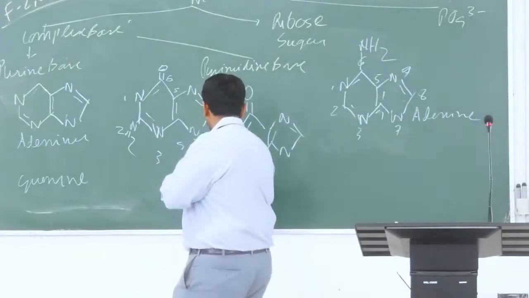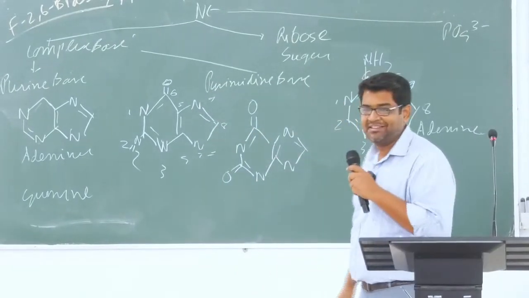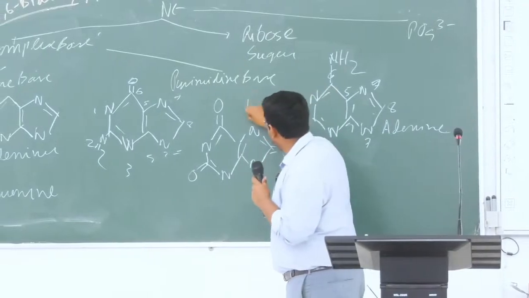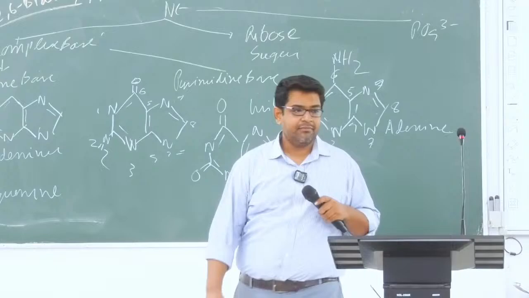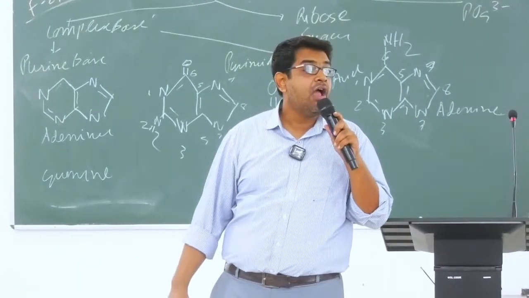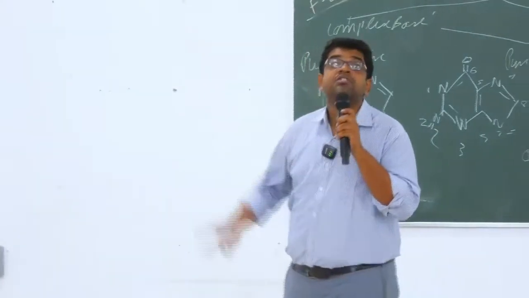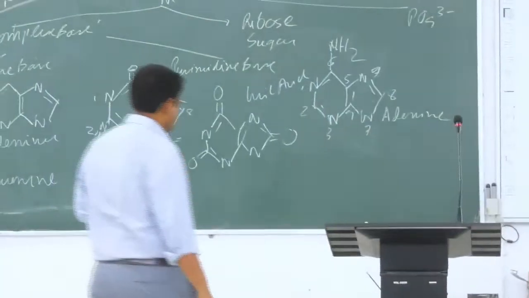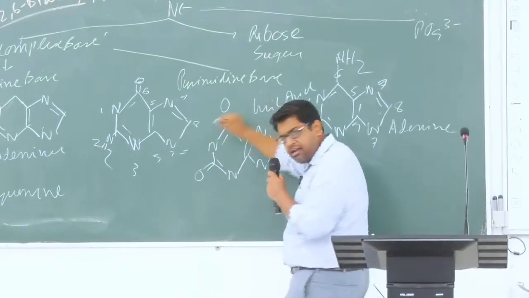Put another oxo at the next position, hypoxanthine. Put an oxo group over here. This is uric acid. So these are called extra purine bases. What are they called? Shout aloud. Extra purine bases.